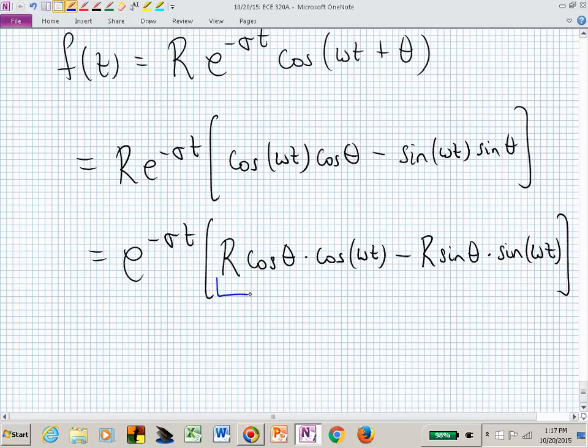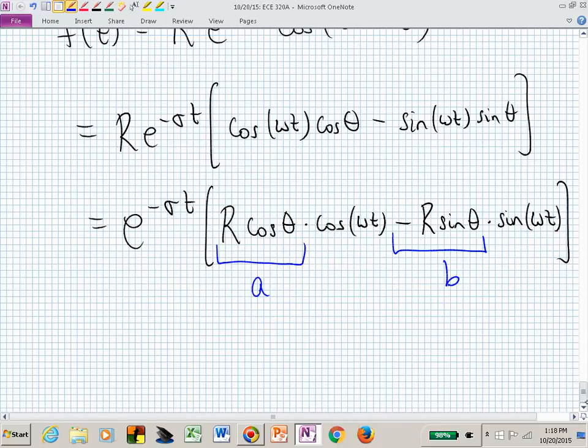And now what I want to do is I want to say, let me call this, oh, now I know that my notation is probably going to confuse you. So let's call this A and this B. So that now we have e to the minus sigma t, A, I don't like that, because now you're going to think it's arc cosine.